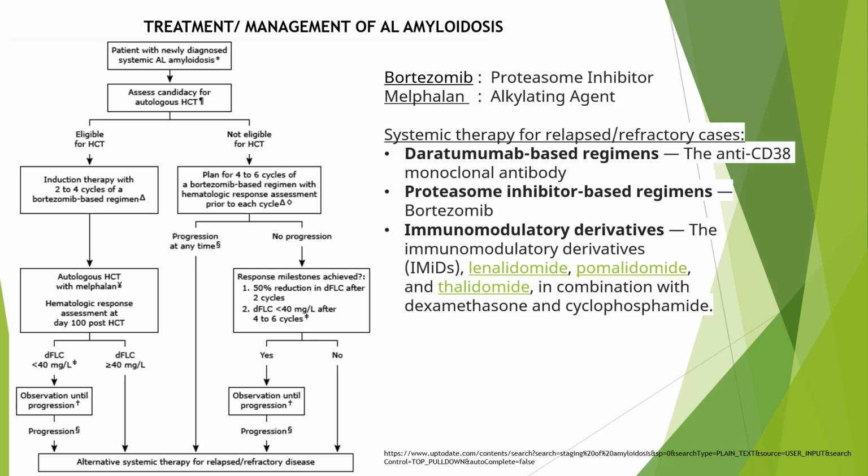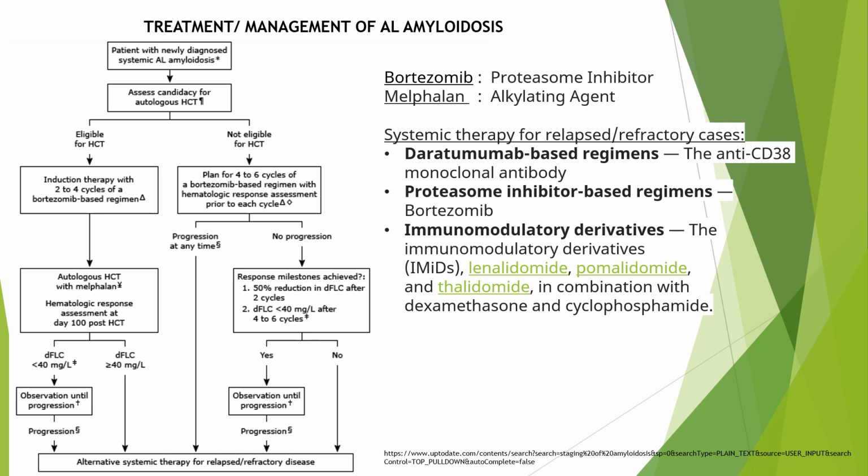What is bortezomib? It's basically a proteasome inhibitor. Apart from that, we'll be doing the transplant with melphalan, which is basically an alkylating agent, and then we're going to be assessing the patient at 100 days after the transplant has occurred. We'll be seeing if the free light chain difference between the involved and the uninvolved is less than 40 or more than 40.